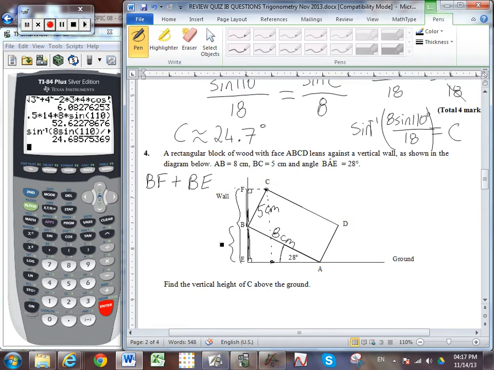In this triangle, let's call it X, we're trying to find something relative to the angle, which is the opposite, and we've been given the hypotenuse. Opposite and hypotenuse are related by sine. Sine 28 degrees is opposite over hypotenuse.